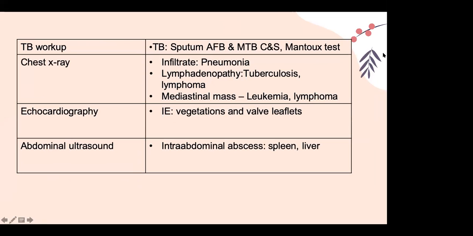For TB workup, such as sputum AFB, Mantoux test, and sputum MTB culture. Next, for the chest X-ray, we want to see any infiltration such as consolidation, parahilar changes that may indicate pneumonia, and then lymphadenopathy at the hilum, which can be due to TB and lymphoma.